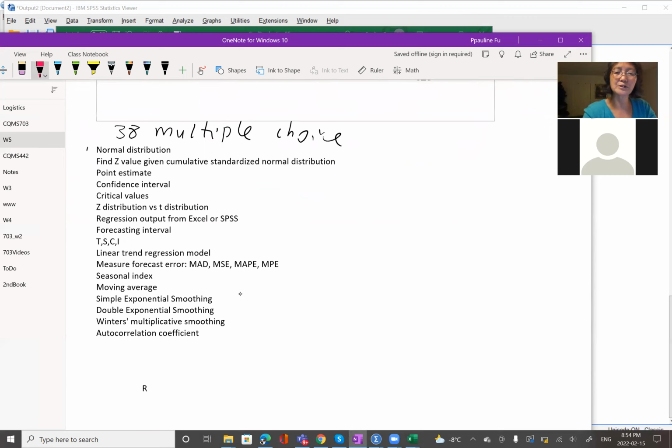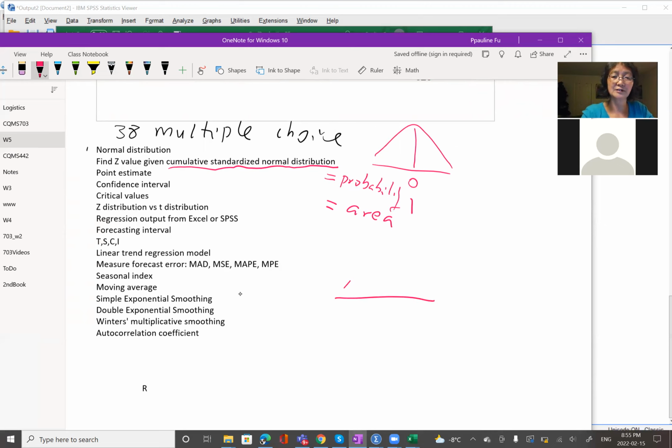So for normal distribution, you need to know the standard normal distribution, mean is 0, standard deviation is 1. Okay. Find the Z value given the cumulative standardized normal distribution. The cumulative standardized normal distribution is just a probability, or it is the area, the same thing.